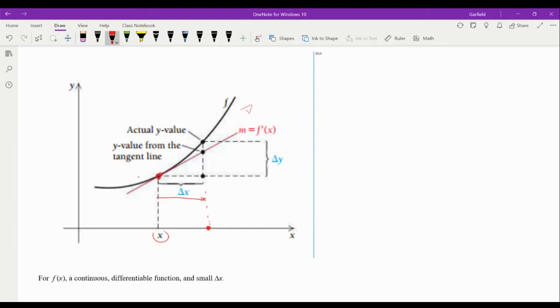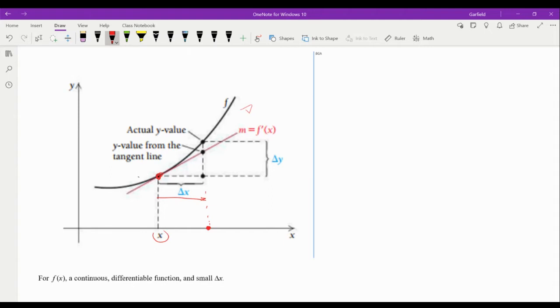So if x was 5 and we went over 2 units to the right, what would our x value be? 7, I agree. So if it's x and we went over delta x, how did you guys get the 7? You added the amount it went over, right? I'm assuming that's why you got the 7.